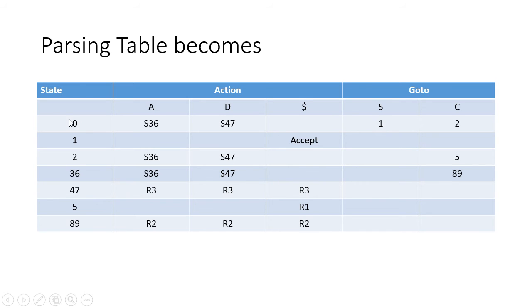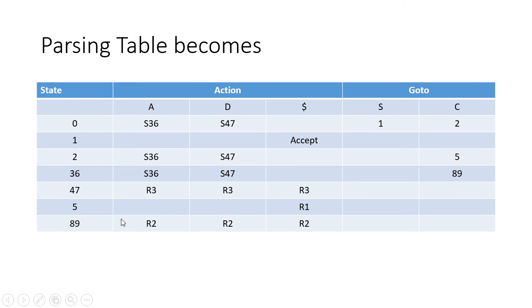So in 0 you have S36, S47. In 1 it is an accepted state, in 2 it is S36, S47. So in 3, instead of 3 and 6, we just write 36, and we say S36, S47, and so forth. So this becomes the parsing table.